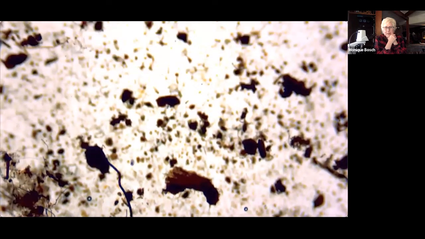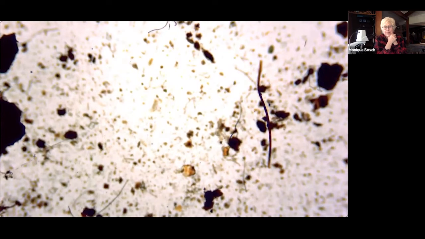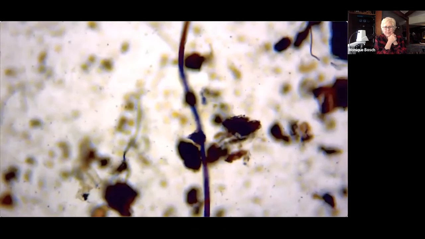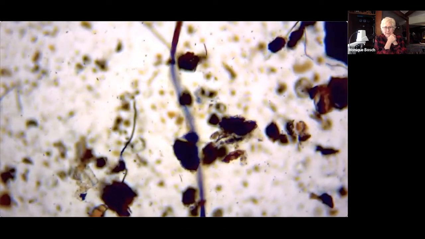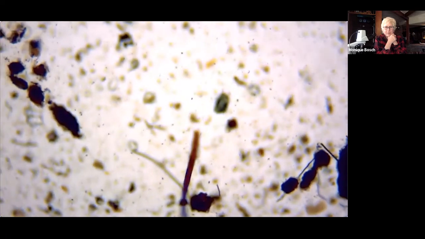And so we took this, we made a tea, and we brewed it 24 hours. Then I'm going to show you what that compost tea looked like. We're still looking at the actual soil here.